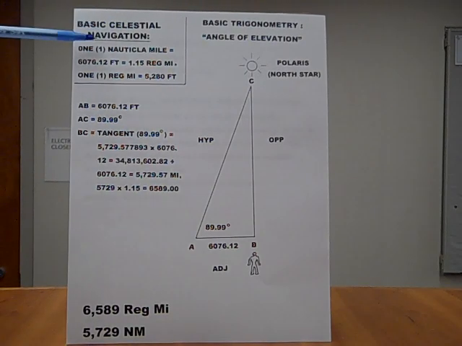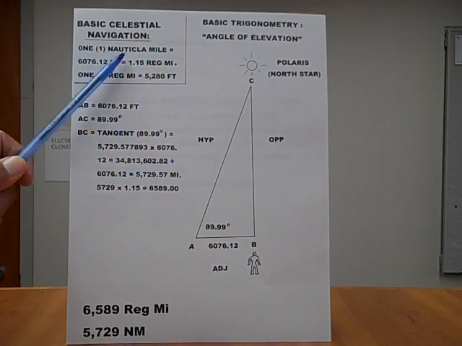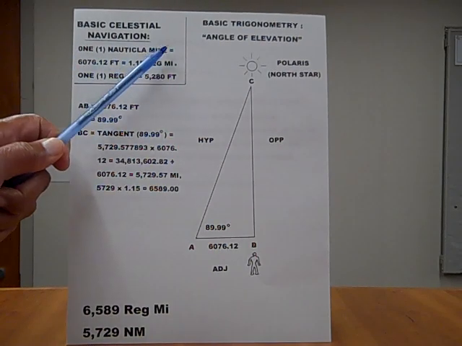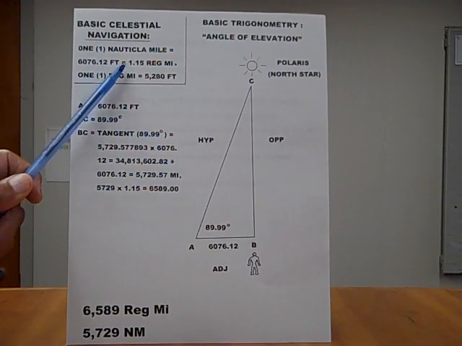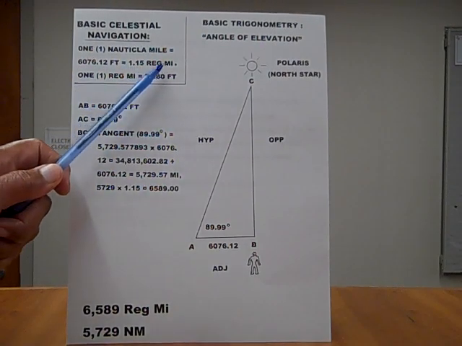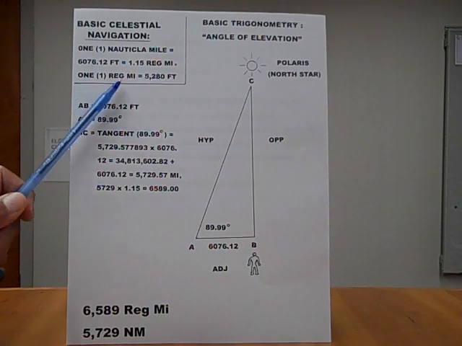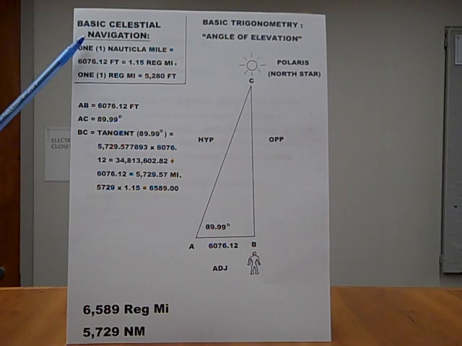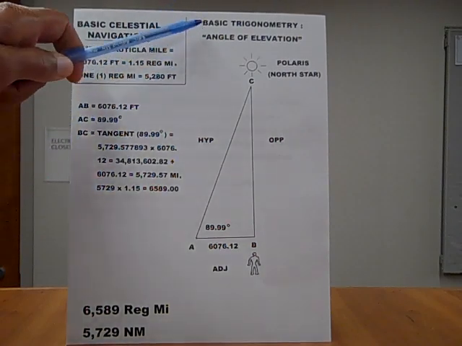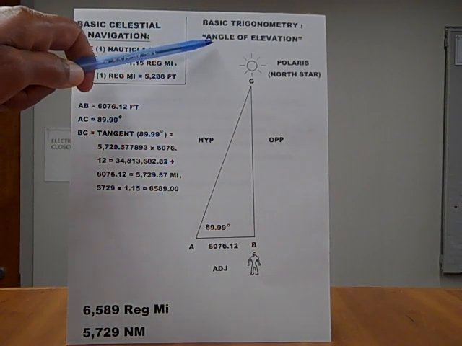One nautical mile is equal to 6,076.12 feet, which equals 1.15 regular miles. One regular mile is equal to 5,280 feet. This is basic celestial navigation. Now we go over to basic trigonometry's angle of elevation.